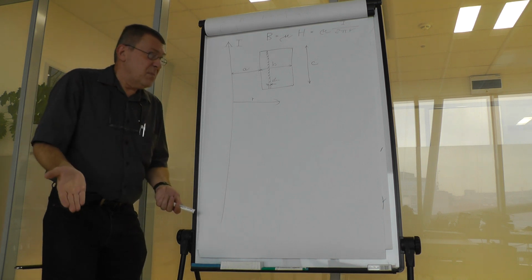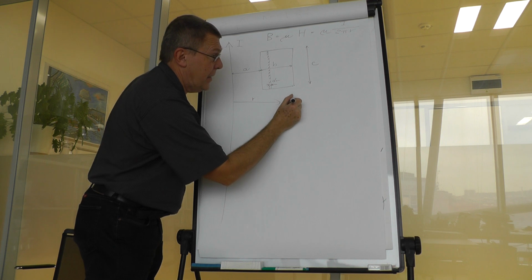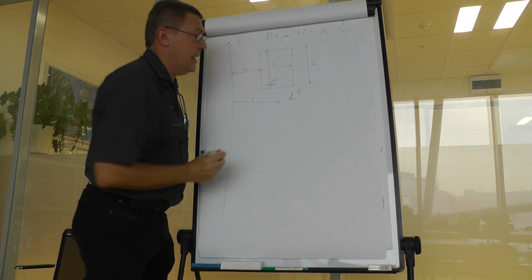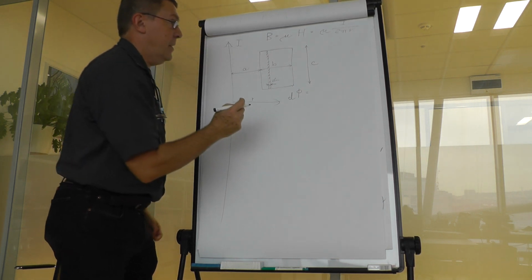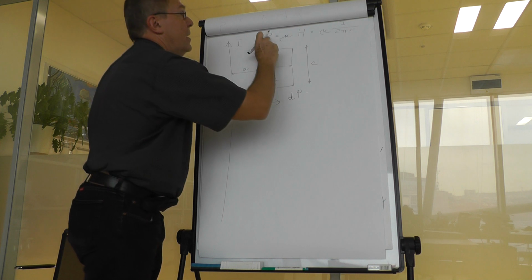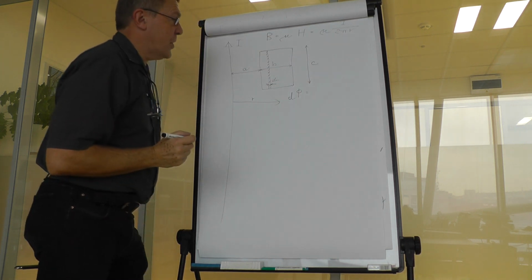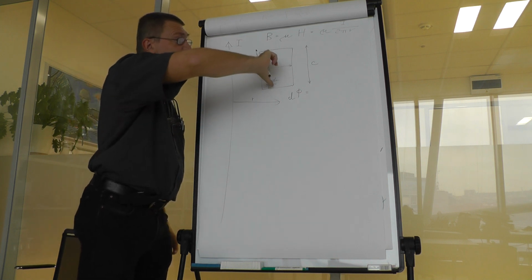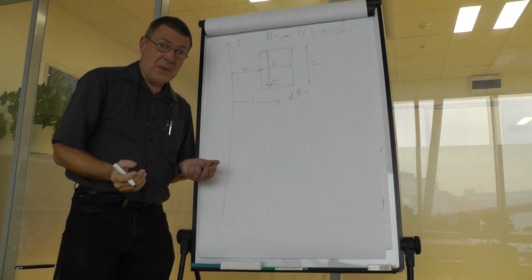So it's quite simple. The element of the flux, d phi here, would be B, given by this equation, multiplied by dr and multiplied by c. That's the surface of that differential rectangle.